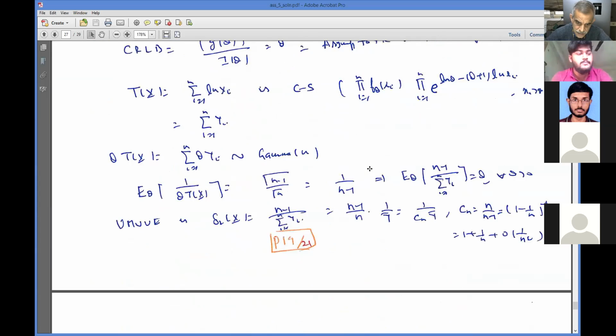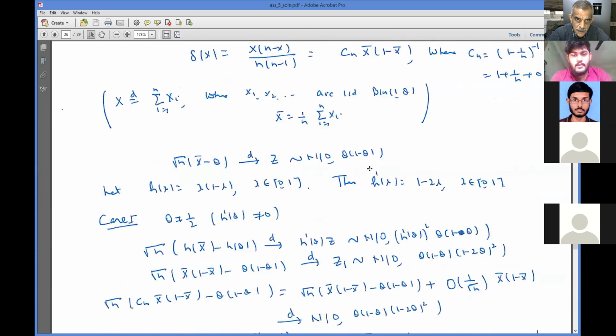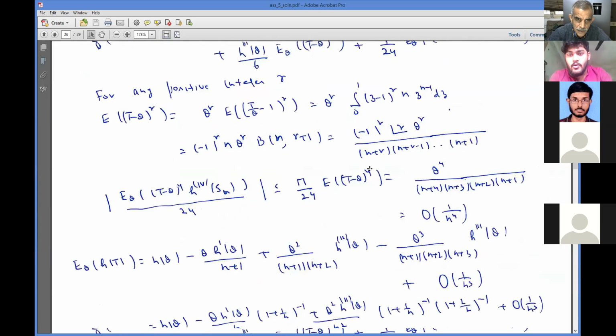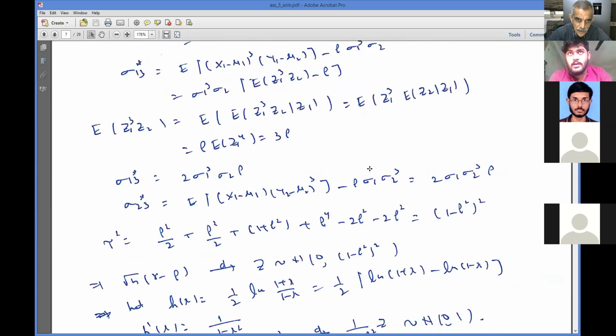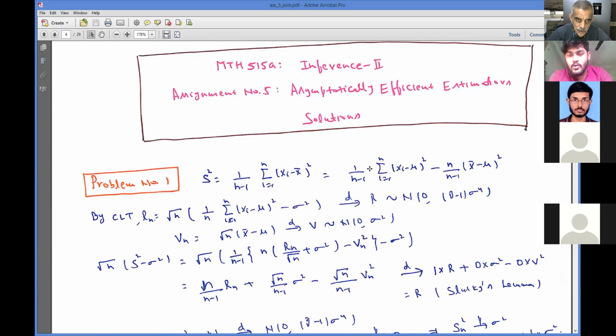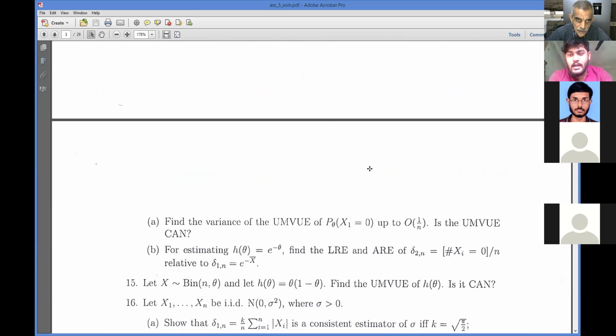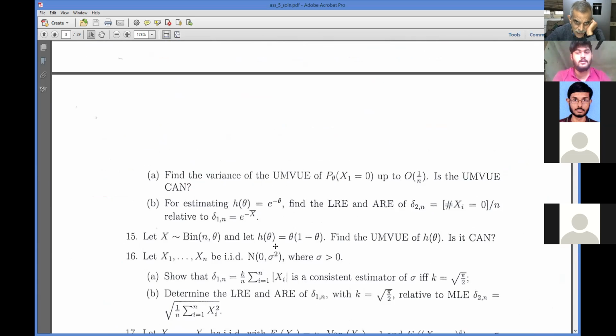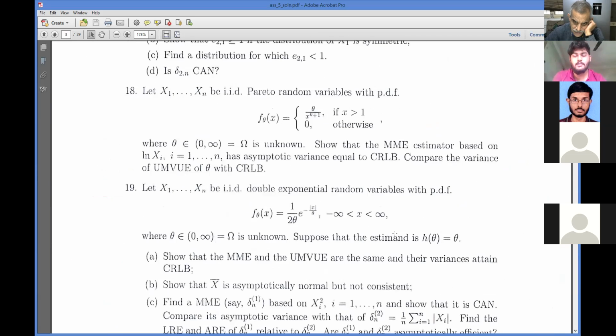Yes, sir. Can you explain the asymptotic part? I proved consistency. So x is binomial n, theta. Find the UMVUE of the function of theta. That is what it is asking for, right? Yes, sir. So let us go to 15.